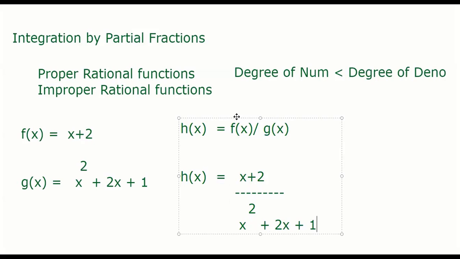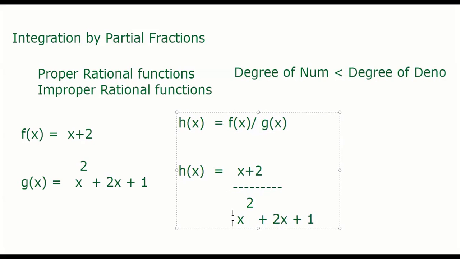So this function h(x) in this example is your proper rational function, because the degree of this is lesser than the degree of this. That is known as a proper rational function.